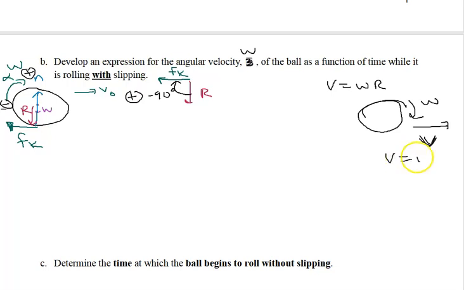So V equals omega R only if you define omega clockwise as positive. So for these things to be linked in an easy way, where if this rotates clockwise it's going to translate to the right, then if you define clockwise as positive, V equals omega R.